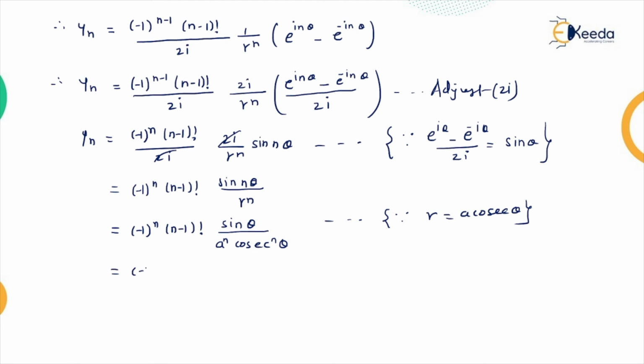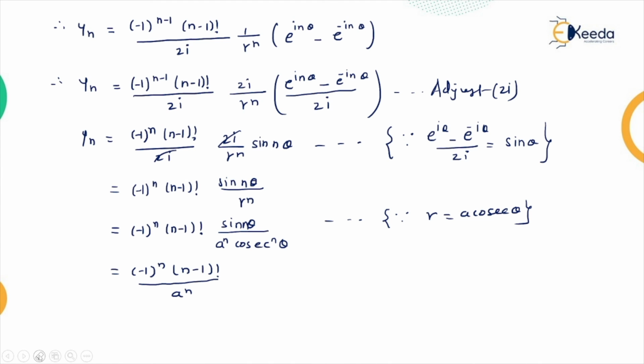And therefore (-1)^n into (n-1) factorial sine of n theta, with a^n taken out for simplification, and sine n theta into 1 upon cosec^n theta.